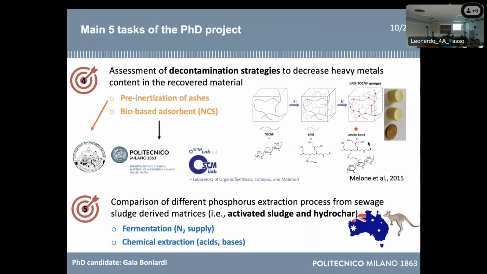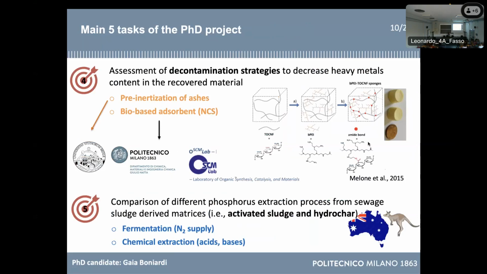And then the last task was done at the University of Queensland in Brisbane, Australia. There I extracted phosphorus from different matrices. In this task, I focused on the recovery from activated sludge and hydrochar, which is a solid product of hydrothermal carbonization.